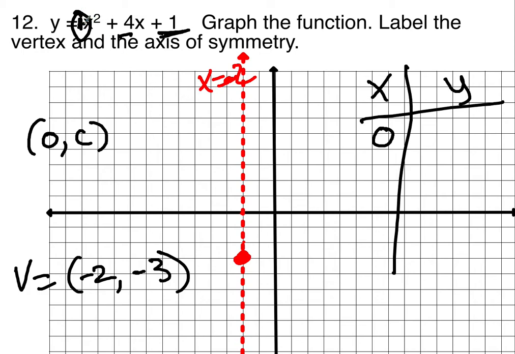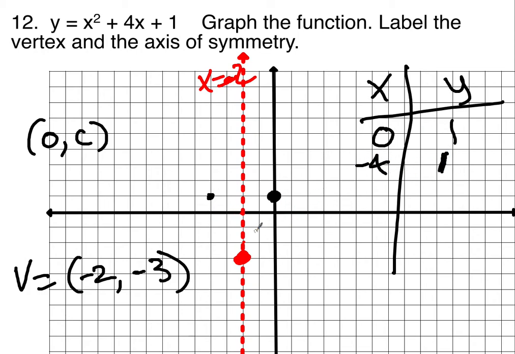If I plug in 0, this term and this term both cancel out, and I'm left with 1. So that's 1 point, 0, 1. At this point, it's 1, 2 away from the axis of symmetry. So if I go 2 on the other side, I have this point, which is 1, 2, 3, 4. Negative 4 for x, 1 for y.